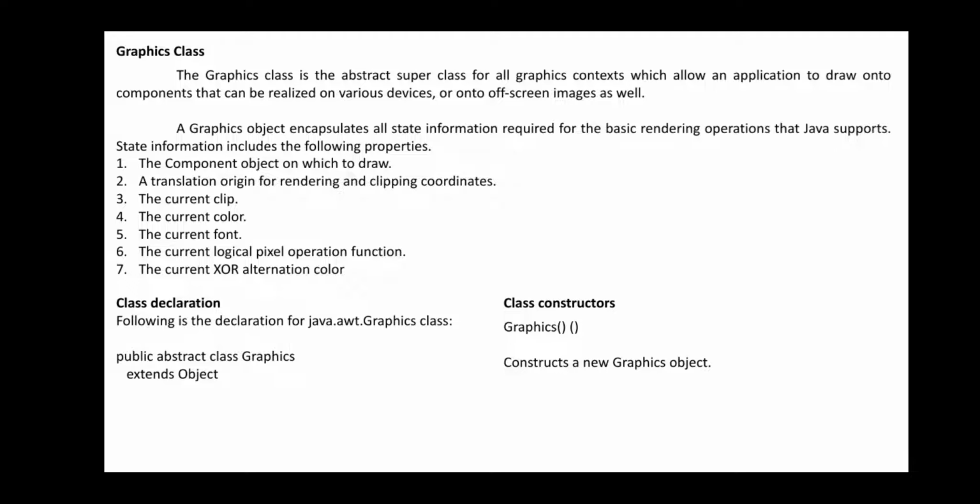Whenever you drag, it shows the translation origin. Rendering means dragging from one end to the other, with how much width and height you need for that object. Then the current clip, the color, font, or logical pixel: these are all the different types of things you need to draw or to define with a graphics class.